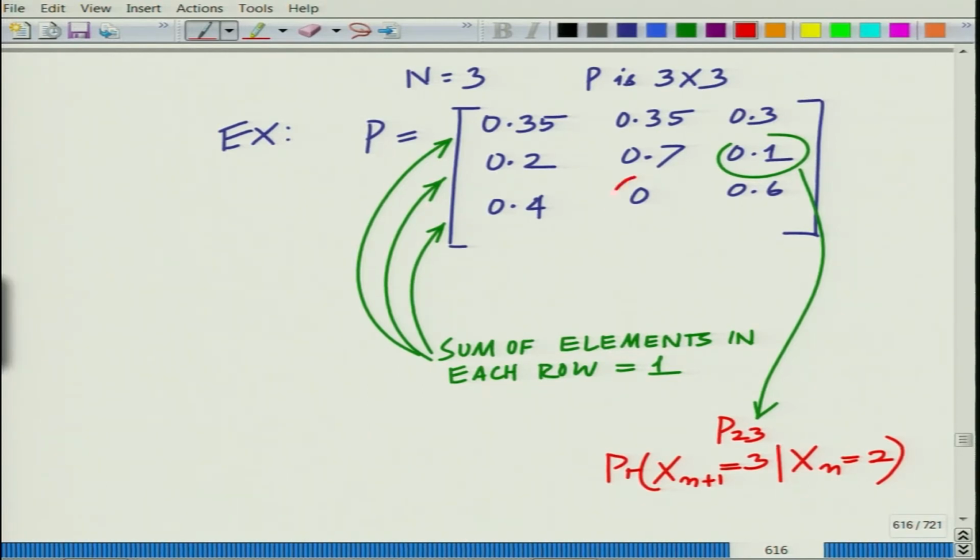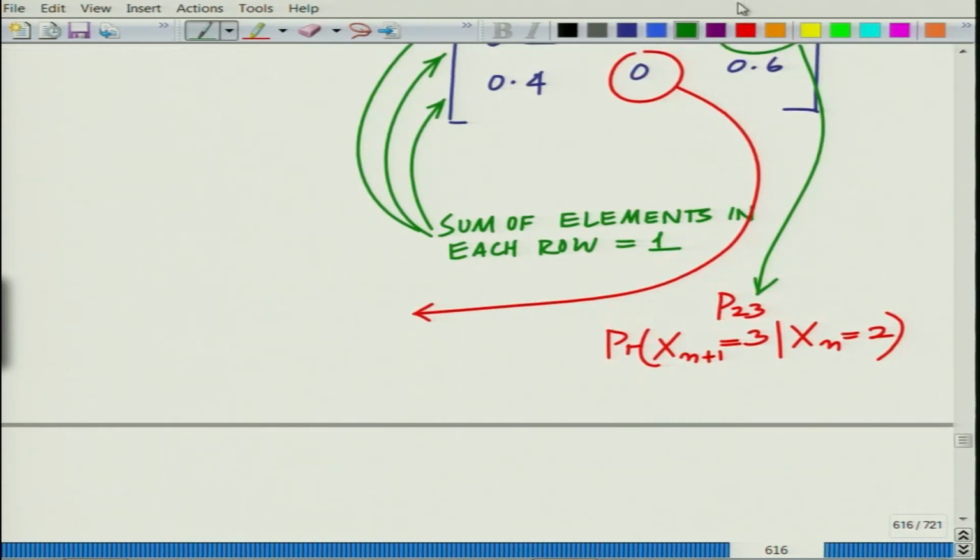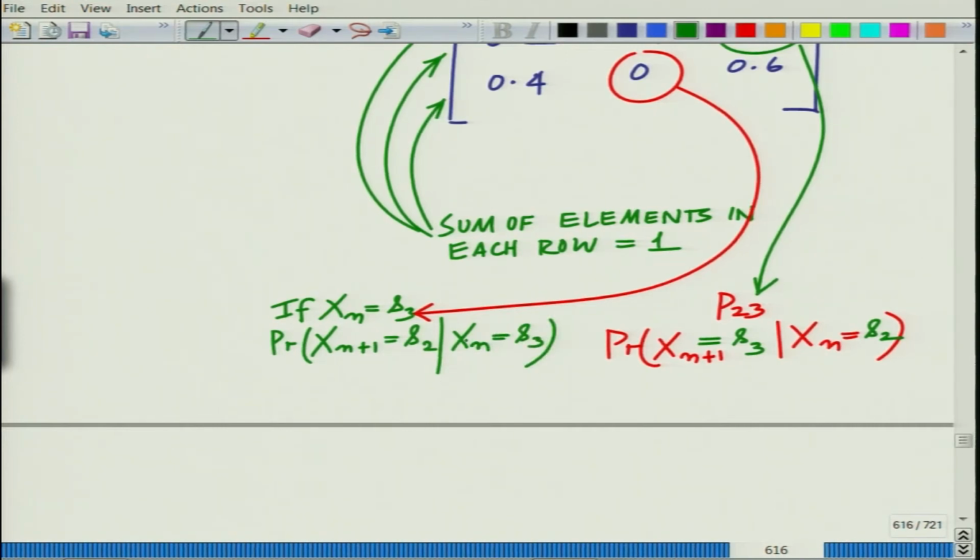Now, this 0 shows something interesting. It shows that if the state xn equals S3, the probability that xn plus 1 equals S2 given xn equal to S3 is equal to 0.